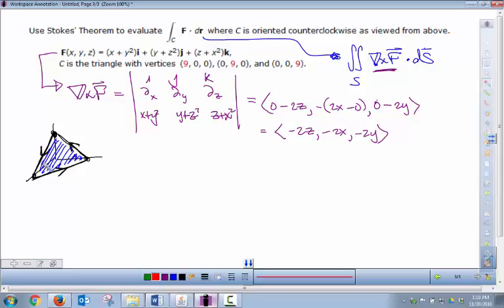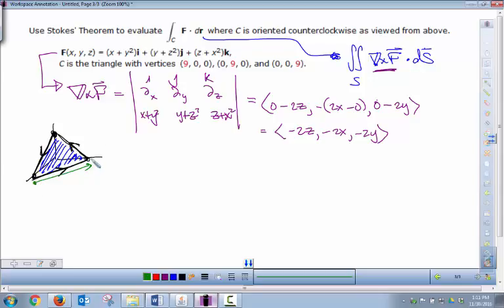Now to find a normal vector, we might need to find a couple of vectors on the plane and then cross them, and then we get a normal vector, right? So let's find a couple of vectors on the plane. This vector might be a good vector.